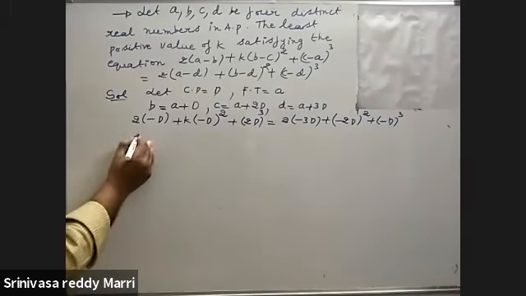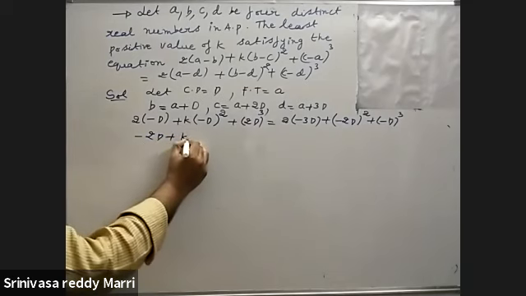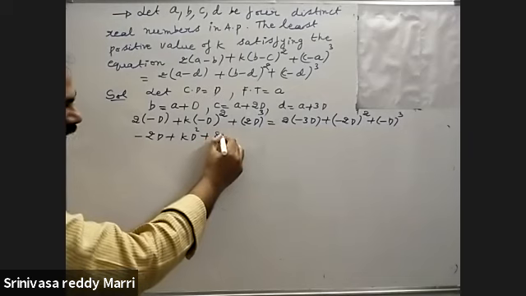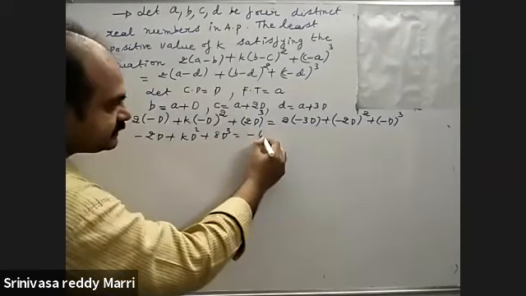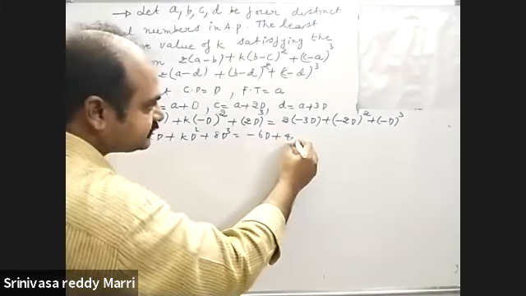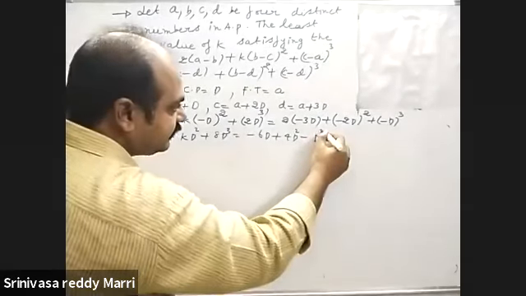Now this is nothing but minus 2D plus K into D square plus 8D cube equal to minus 6D plus 4D square minus D cube.